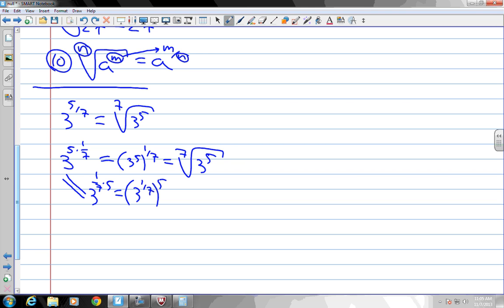So that means what I have here is the 7th root of 3 raised to the power 5 on the outside. So it doesn't matter where you put that exponent, either under the radical or all the way on the outside of the radical. It still means the same thing.